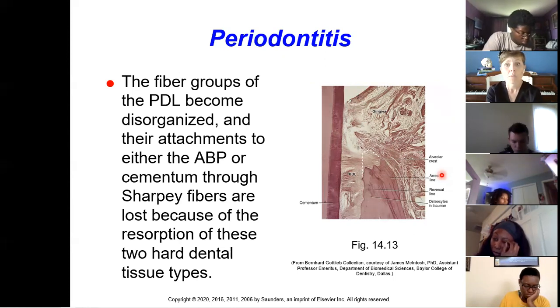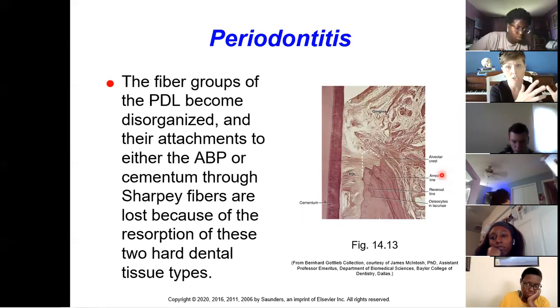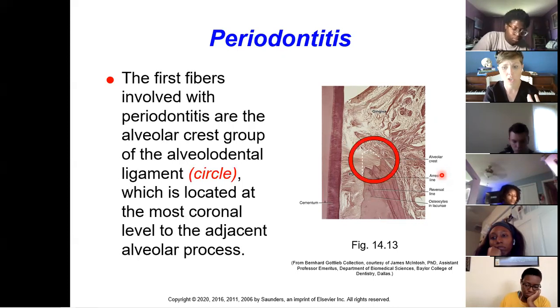Periodontitis is a microorganism or bacteria that starts the destruction process of the fibers, the gingiva, all that healthy tissue.